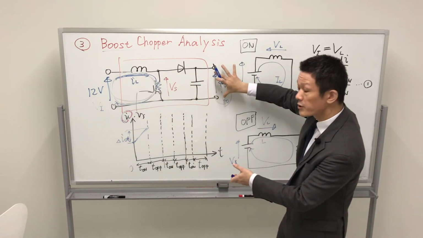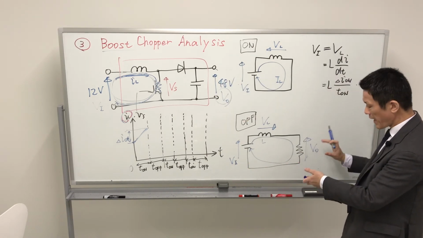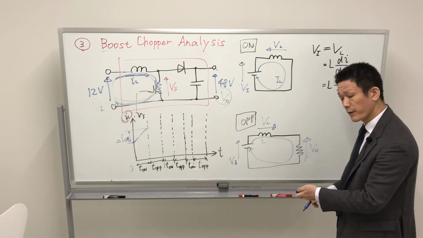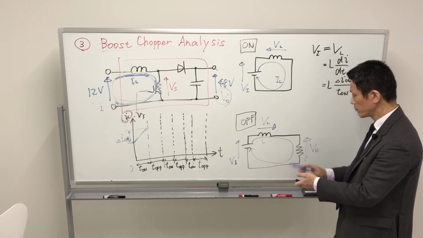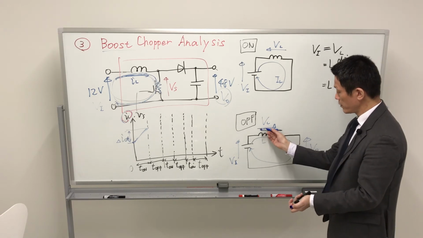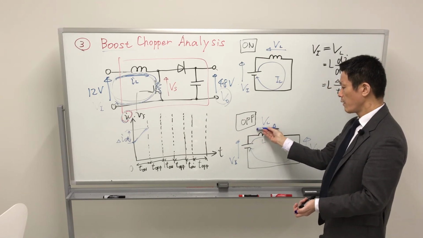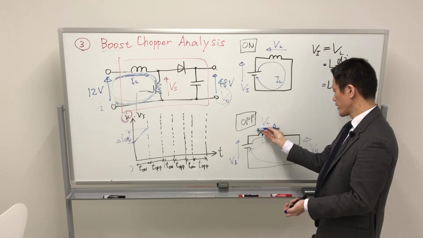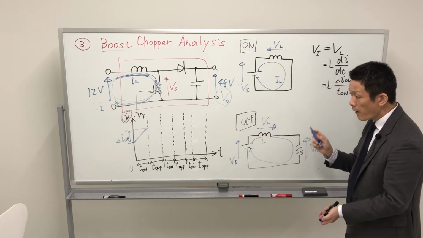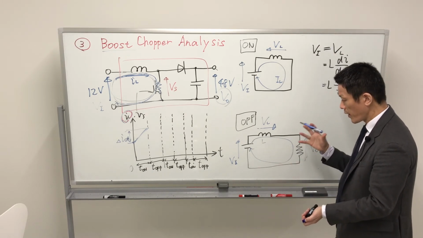The output voltage is higher than the input voltage. So to obtain the higher voltage, this inductor voltage is added, and we can obtain this one. So this direction is one discussion.